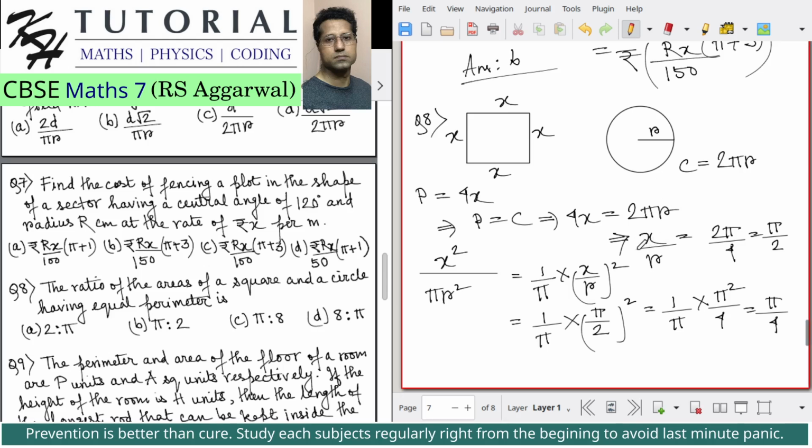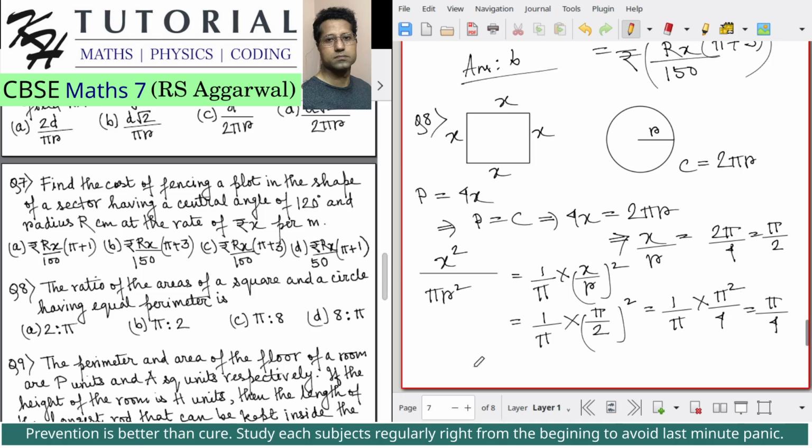This means x by r is equal to 2 pi by 4, which is pi by 2. The area of the square is x square and the area of the circle is pi r square, so we have x square by pi r square, which is equal to 1 by pi multiplied by x by r whole square. Since x by r is pi by 2, we have pi by 2 whole square, which is equal to pi by 4.